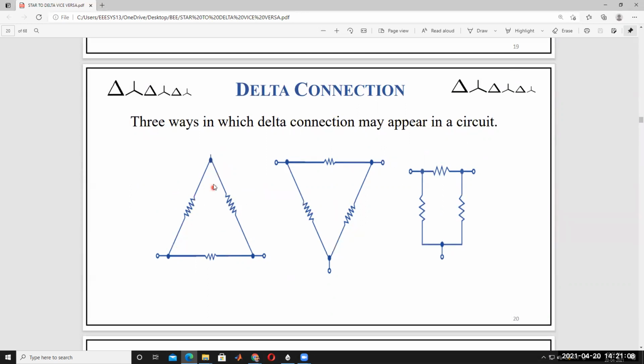The delta connection looks like this, and each of these is also called a delta, just like a pi network. A star connection is generally like a T network, and a delta connection is like a pi network. So star connection is called a Y or T connection, and delta connection is also called a pi network.